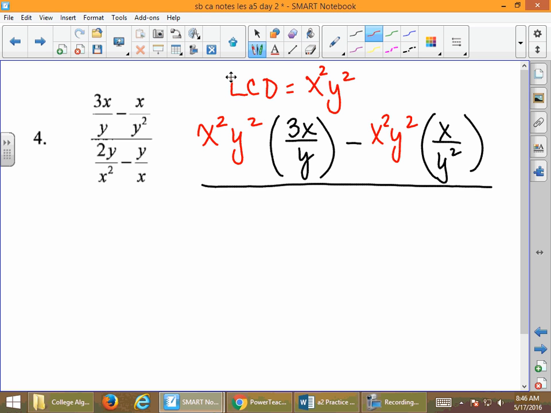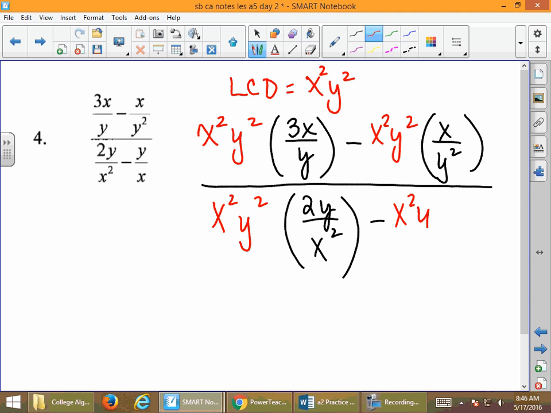LCD, x squared y squared times 2y divided by x squared, and x squared y squared times y divided by x.